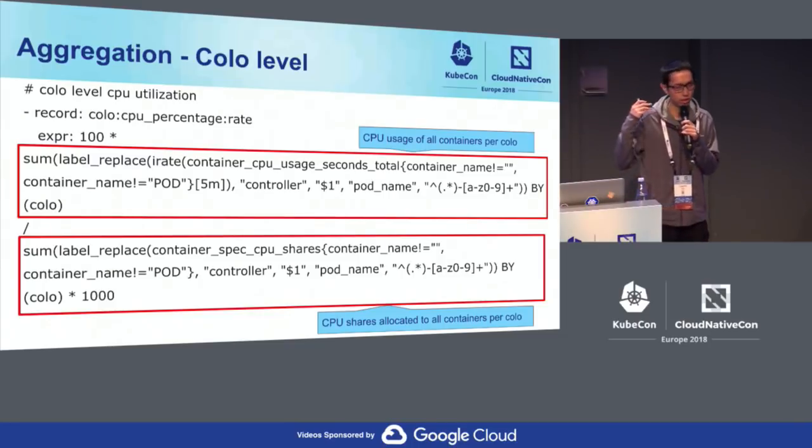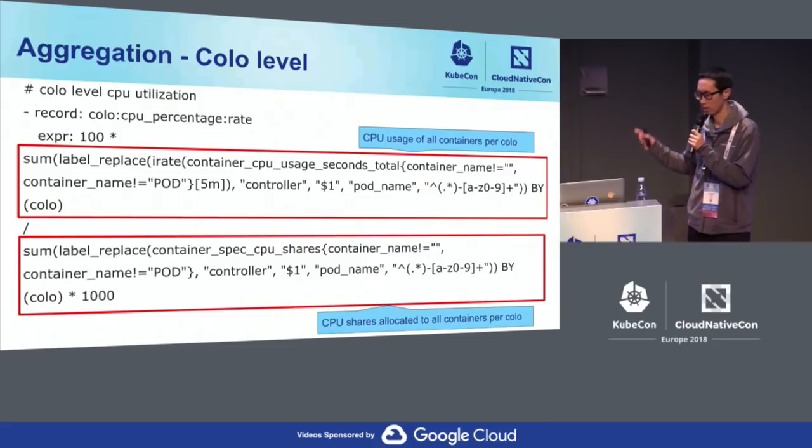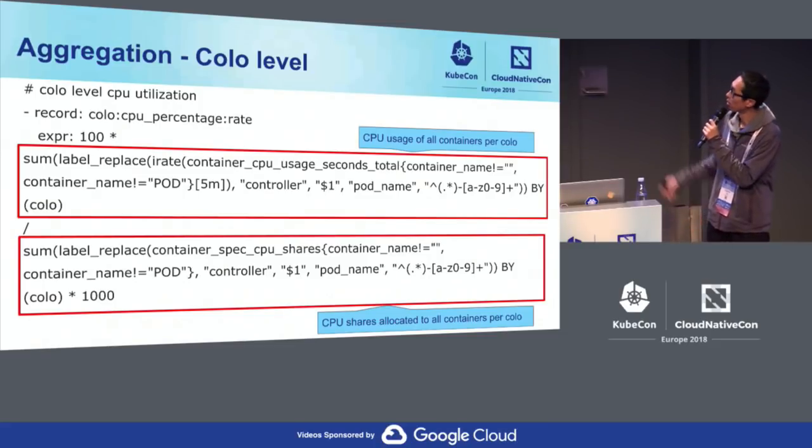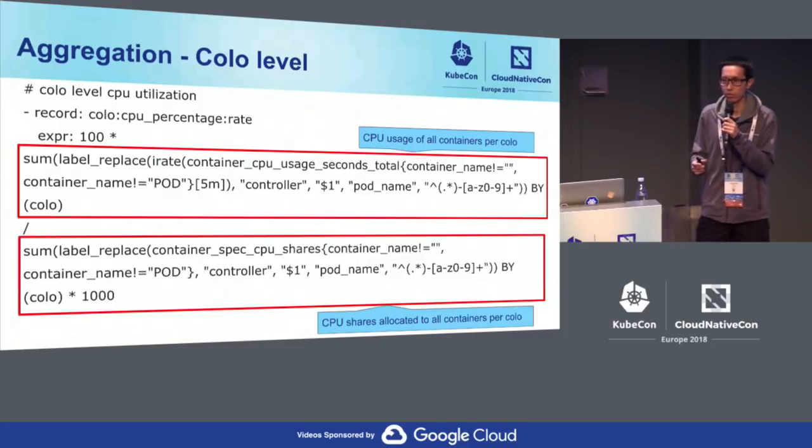So this is an example of our aggregation rule. This is for CPU utilization. Although the rule looks complicated, let's first focus on the metrics we use. On the top, we use container_cpu_usage_seconds_total. This is the CPU usage for a container.